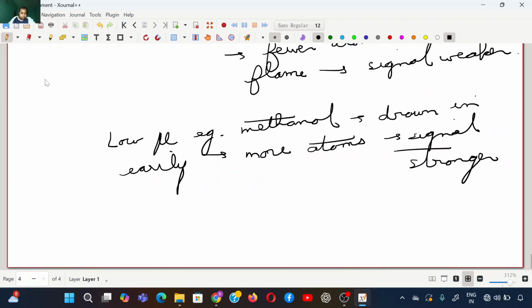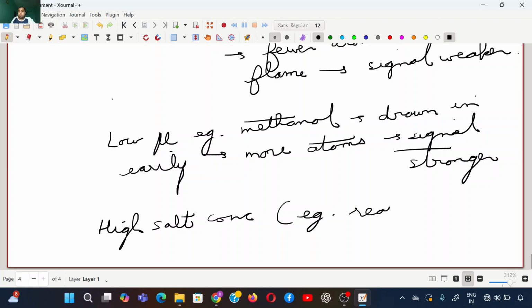Likewise, if you have a very high concentration of salt, the droplets are bigger, and bigger droplets don't break into mist very easily, right? So fewer atoms reach the flame, and there is a weaker signal. Example, seawater, or you can even take blood or some biological sample like urine.